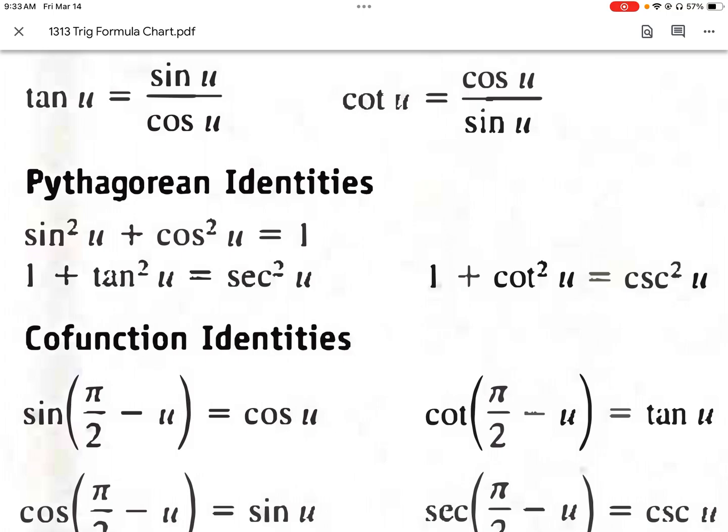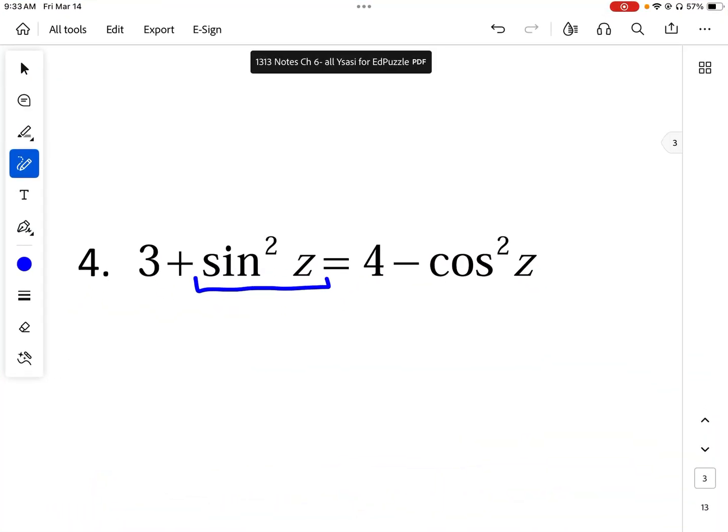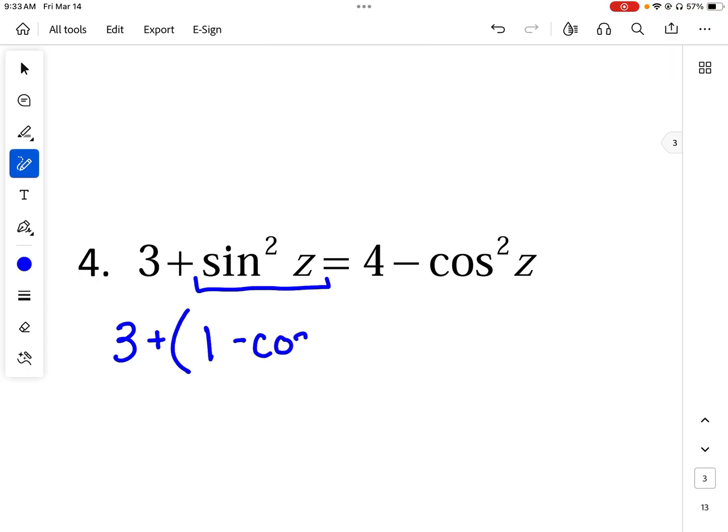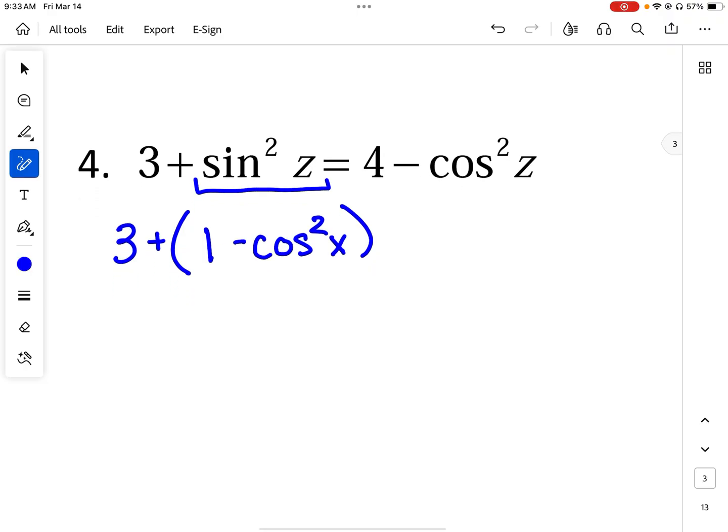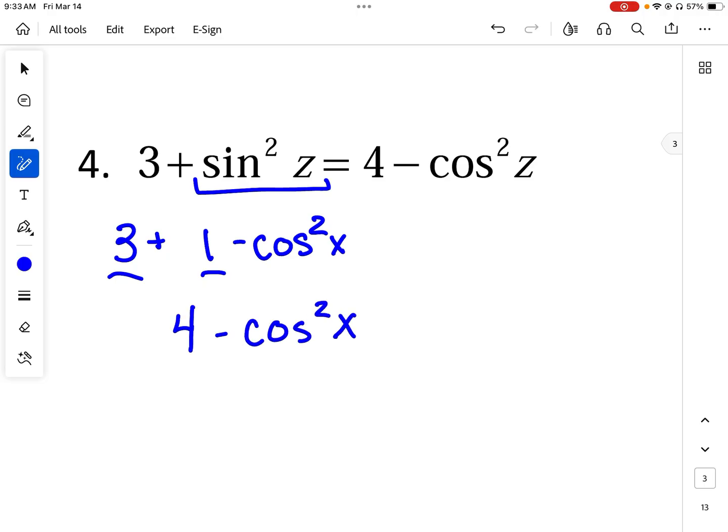So we can replace sine squared with 1 minus cosine squared. So I'm going to leave this here. 1 minus cosine squared x. Okay, and then we don't need the parentheses. Combine like terms. Get 4 minus cosine squared x, which is what we get.